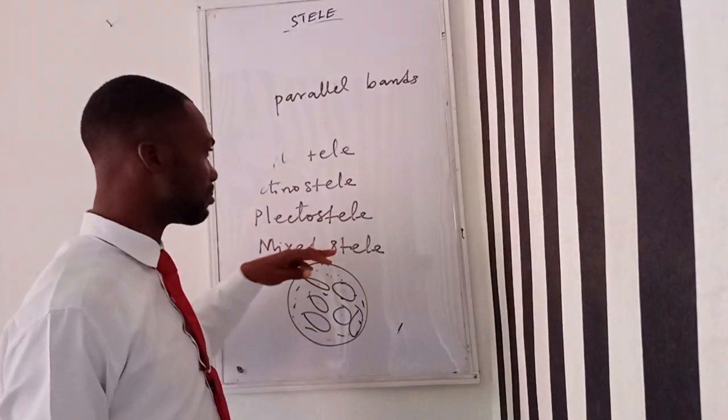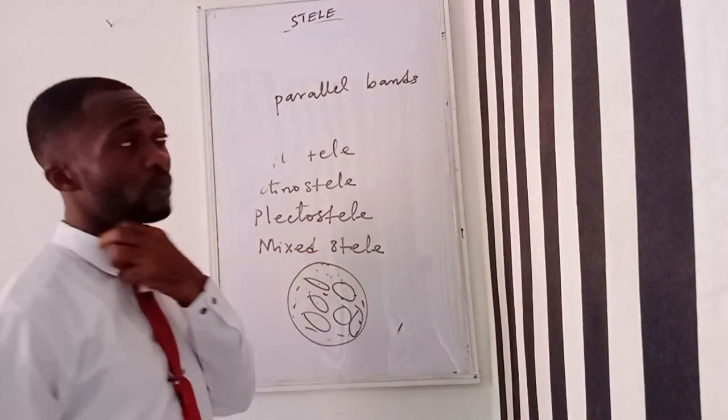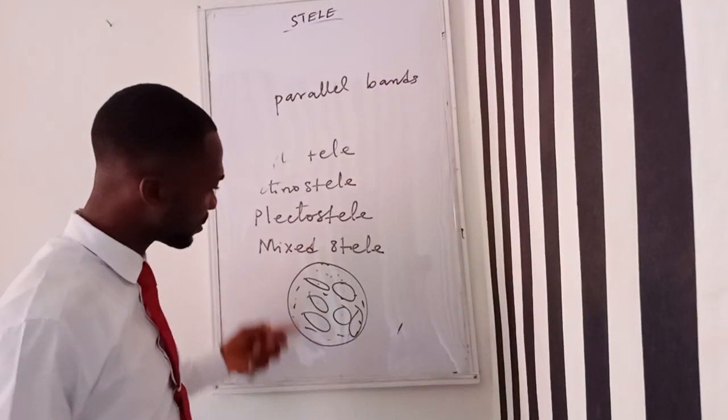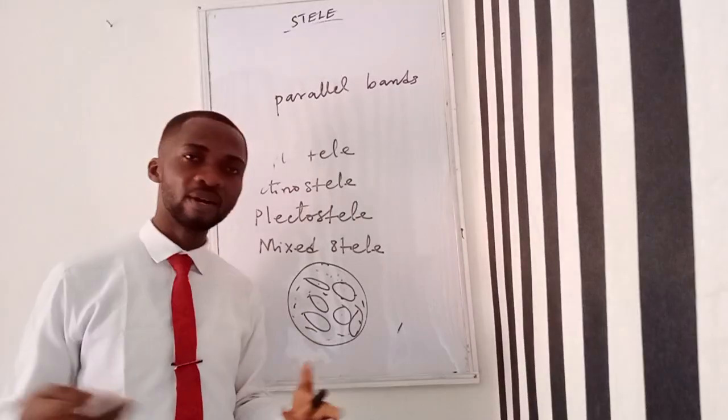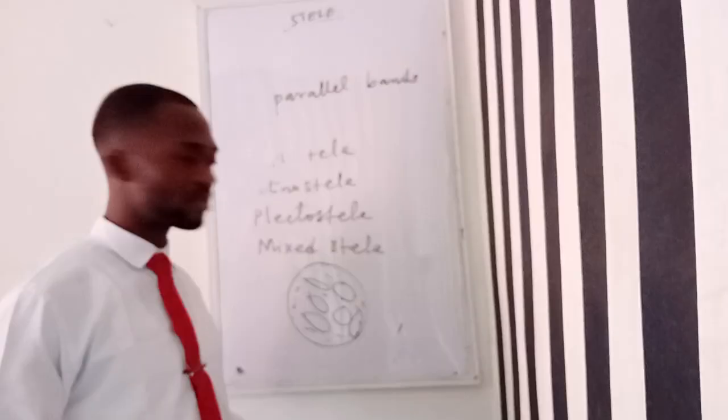Then, of course, we have the mesostele, where the xylem forms various irregular groups that are now embedded in a mass of phloem.